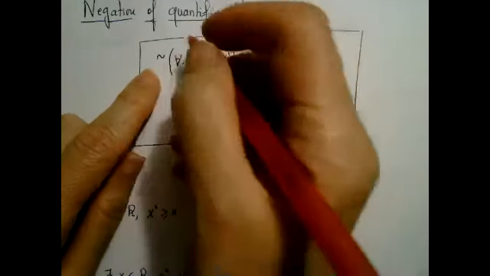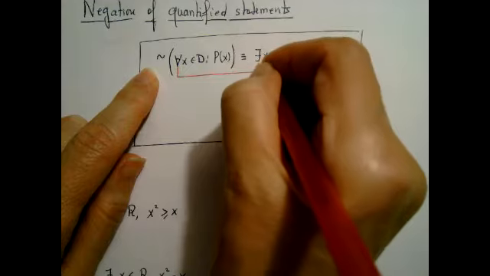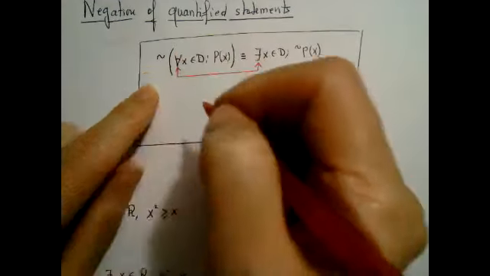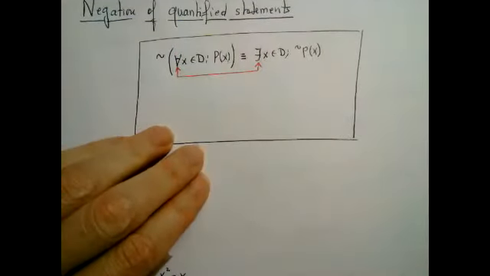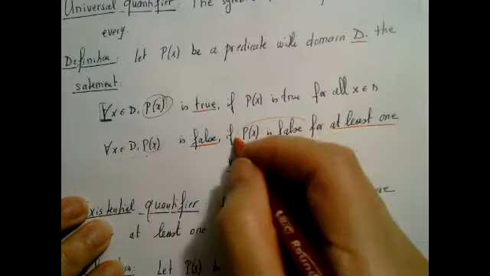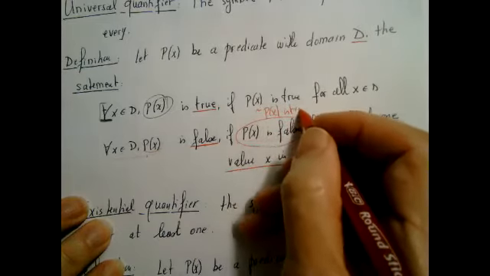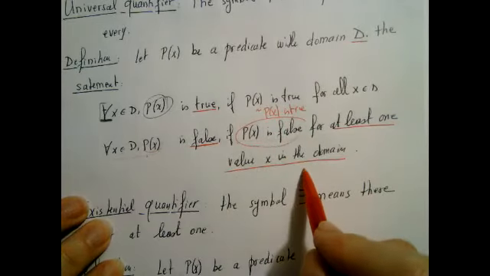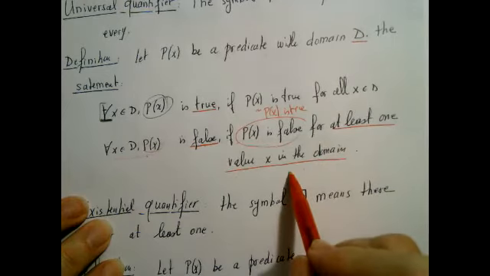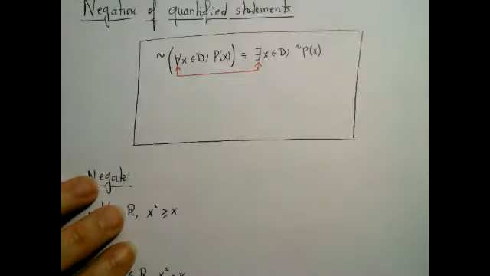So the negation of "for every x" is actually "there exists x". So the way we negate "for every" is by "there exists". And it makes sense, because "for every" is false if P of x is false, it means non-P of x is true for at least one value. It means you can find a value such that non-P of x is true.